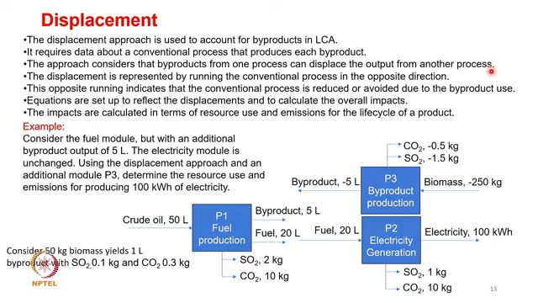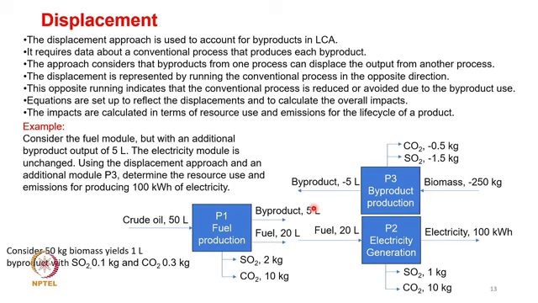The displacement is typically represented by running the conventional process in the opposite direction. So let's say you are looking to produce 1 kilogram of this byproduct by means of some naturally benign process, wherein you use 50 kilogram biomass, 0.1 kilogram of SO2 and 0.3 kilogram of CO2.